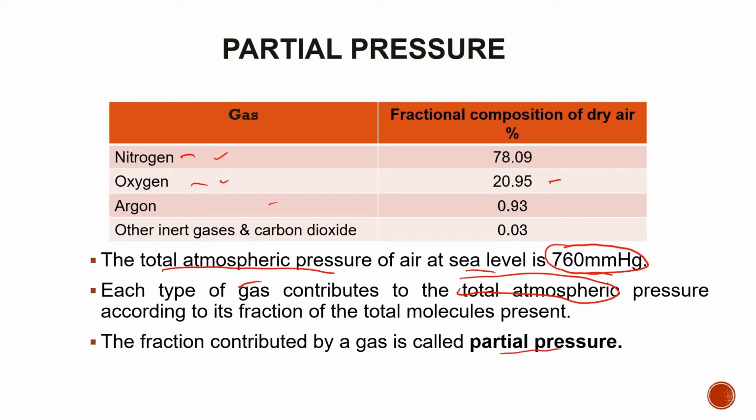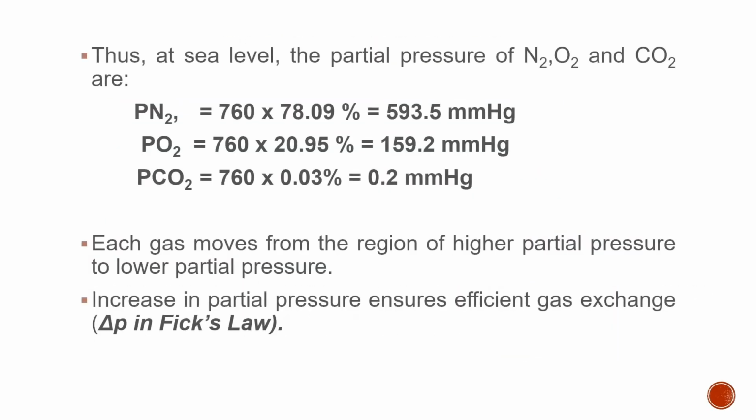So for the partial pressure of nitrogen, we have this calculation. Oxygen, we have its partial pressure. Each of these gases has its partial pressure. Thus at sea level, the partial pressures of nitrogen, oxygen, and carbon dioxide are based on this calculation.